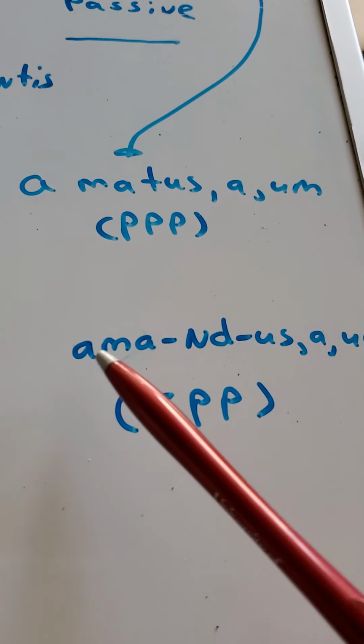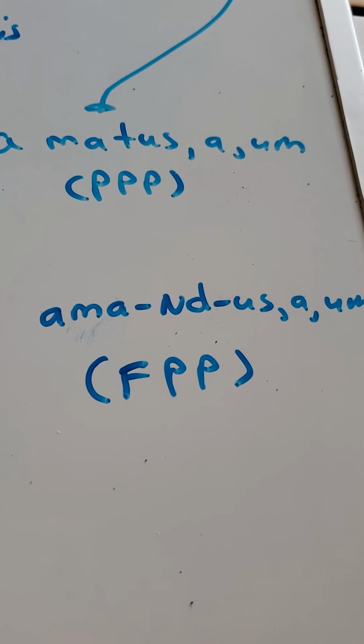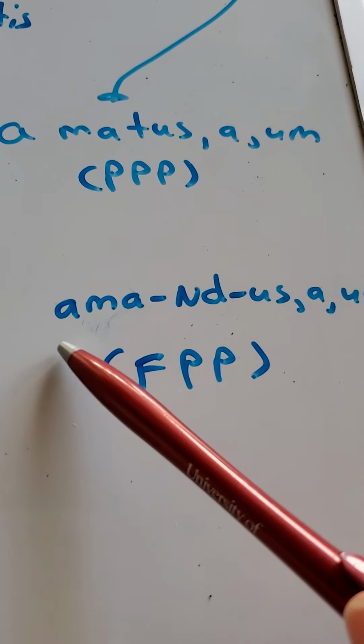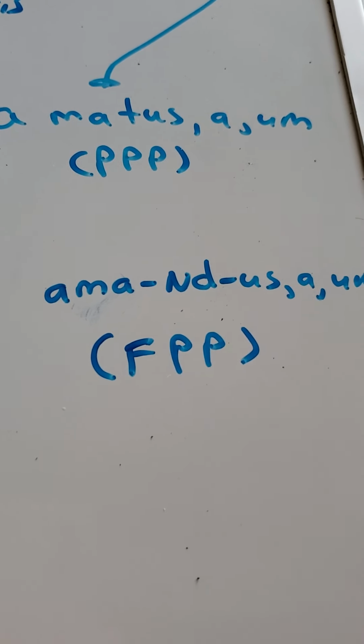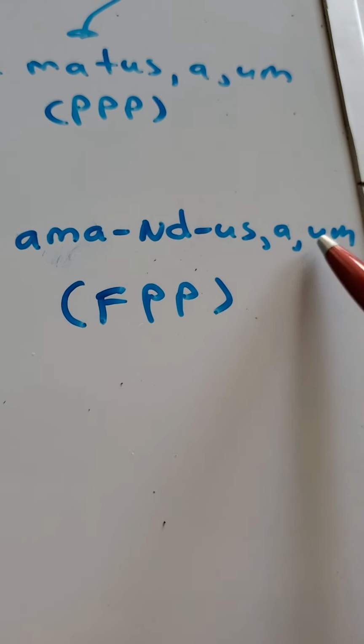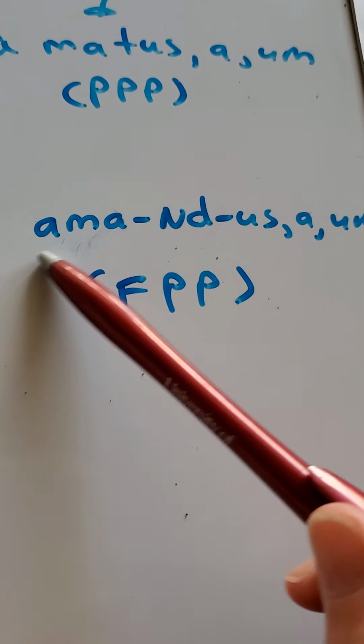So Amanda, the name Amanda, ND, is a girl about to be loved. Agenda are things to be done. We have a lot of these forms that have come straight into English. Propaganda, things to be propagated.